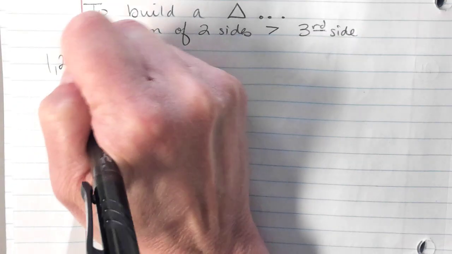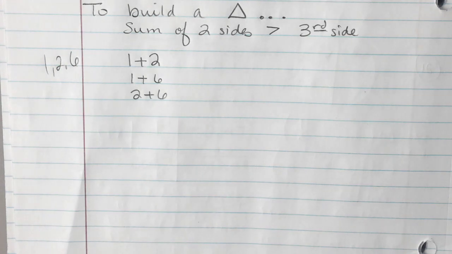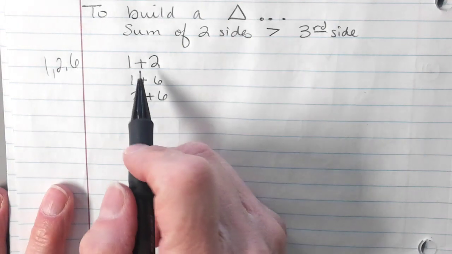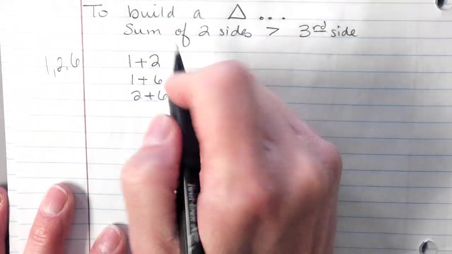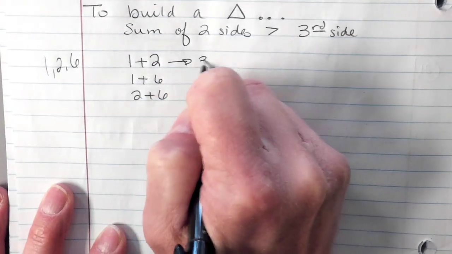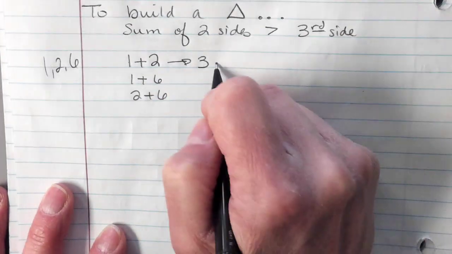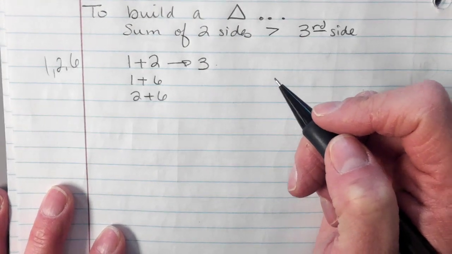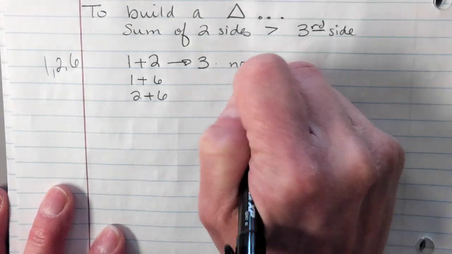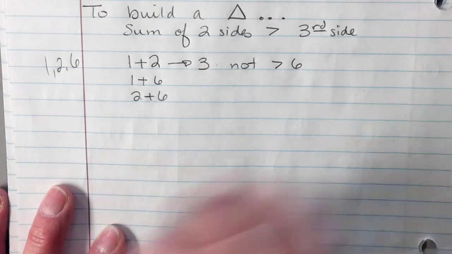So we had a 1, a 2, and a 6. So I'm going to put together the 1 and the 2, the 1 and the 6, and the 2 and the 6. Any given pair of sides. Okay. 1 plus 2, that's 3. Is 3 greater than 6? No. 3 is not greater than 6.